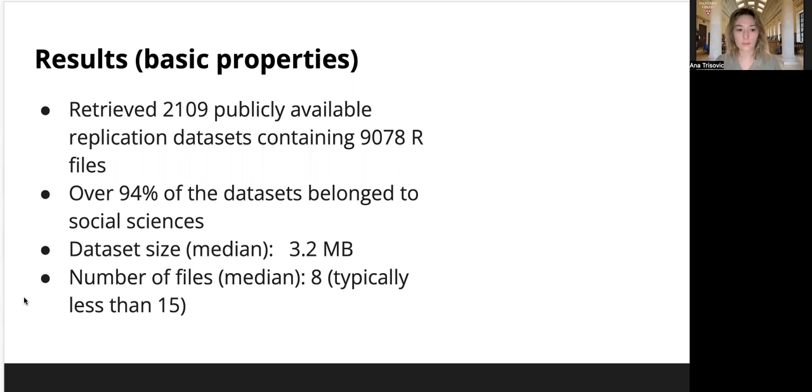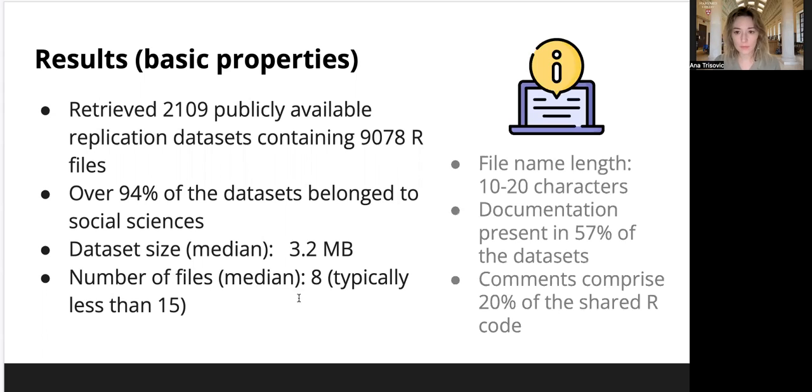We also plot all of this information, so that is in the paper. File name length is typically 10 to 20 characters, meaning that they are relatively descriptive. In principle, if the file name has a longer title, that means we understand what is inside. That's the assumption. Also, documentation is present in 57% of the data sets, documentation meaning a README file or codebook file or something along those lines.